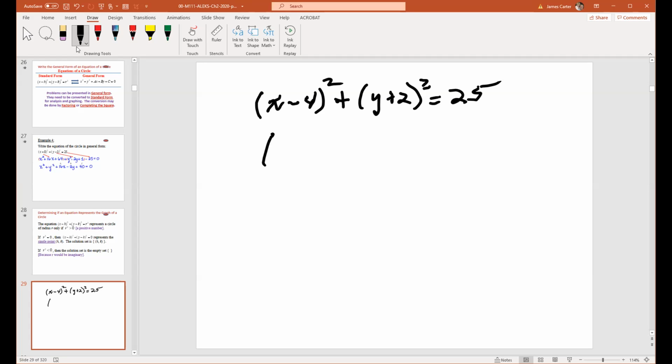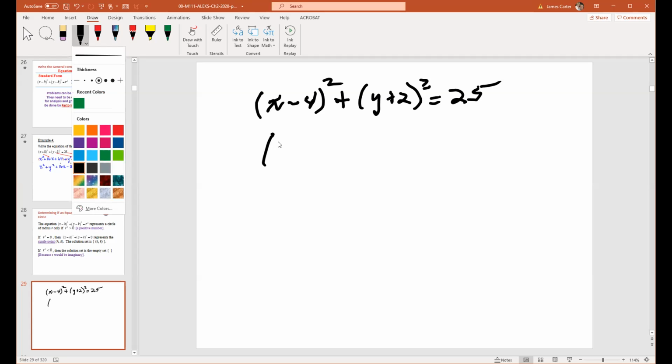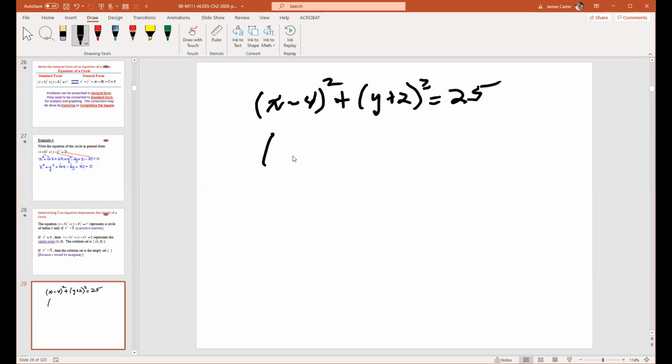I don't think I can write with this. We'll try. So here I get a 4. No, it won't let me. Okay, so there we go. 4 and negative 2. I'm trying to write with my mouse, and actually that's almost better than what I was doing with the stylus.